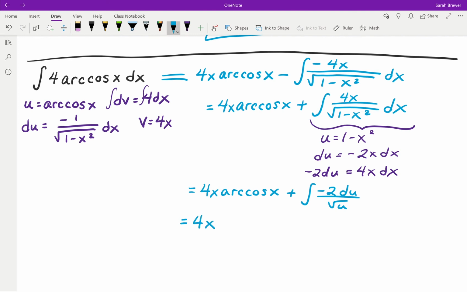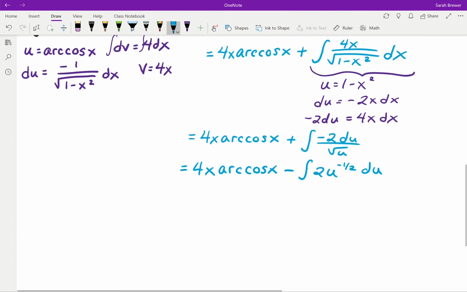So 4x arc cosine x minus the integral. If I have 1 over the square root of u, I just want to think about that as u to the negative 1/2. Super easy to integrate now, just using our power rule. And so if I add 1 to negative 1/2, I get 1/2.